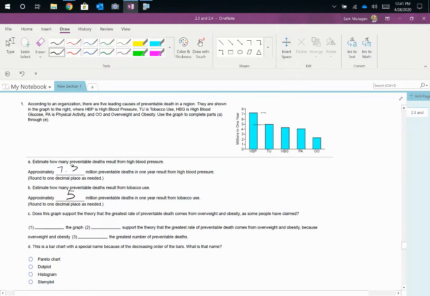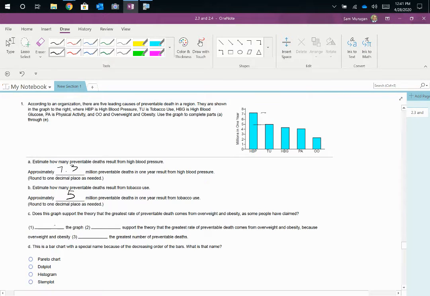Does the graph support the theory that the greatest rate of preventable death comes from overweight and obesity, as some people have claimed? So clearly, this graph does not support that. Instead, high blood pressure results in more preventable deaths.